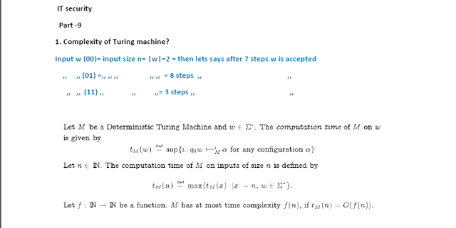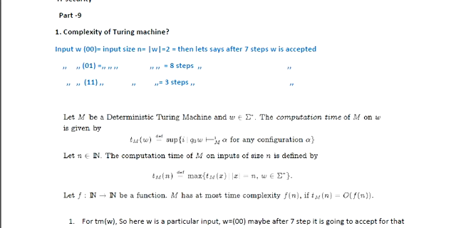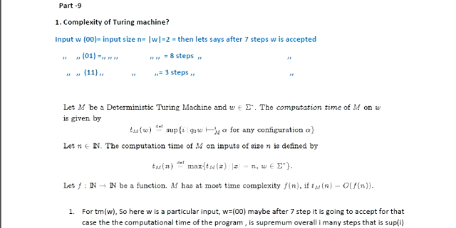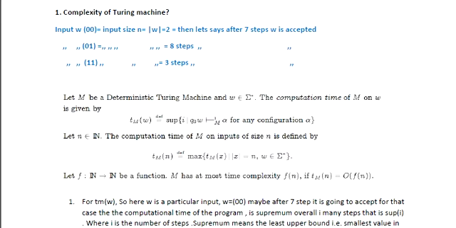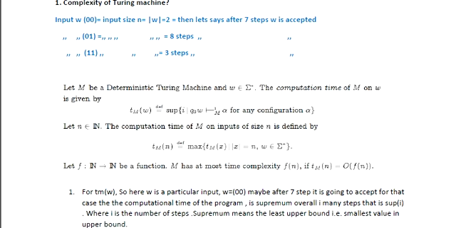For the first case, when I have T_M(W), the number of steps for the particular input will be the computational time of a program, and it is the supremum over all i many steps. So that is the supremum of i.